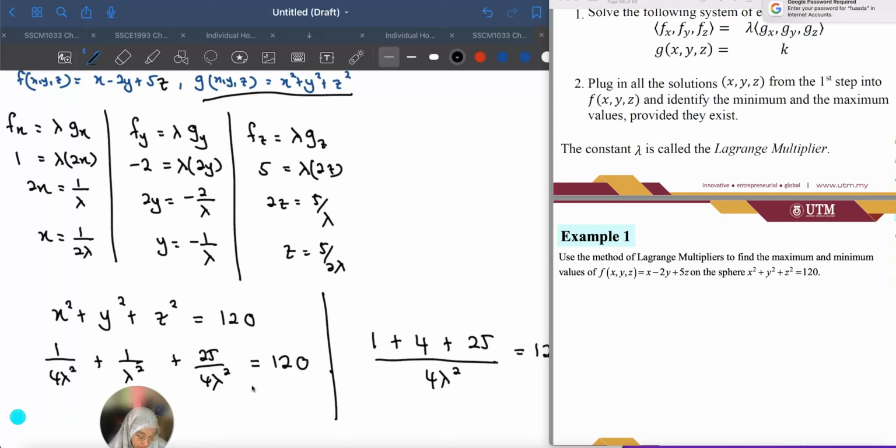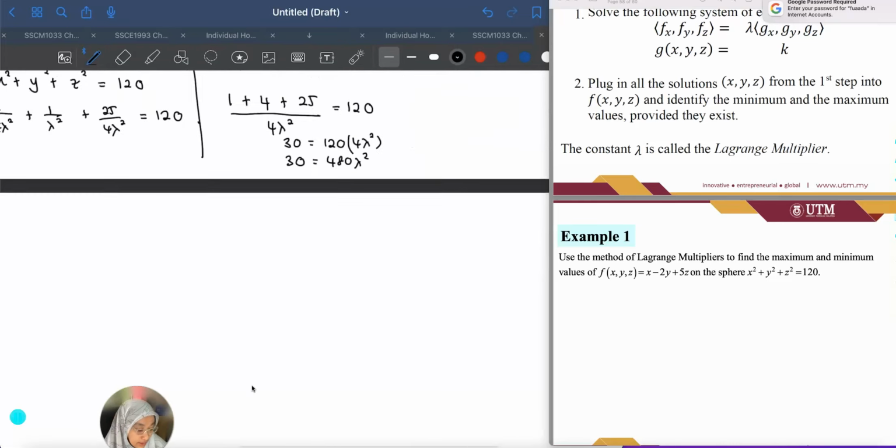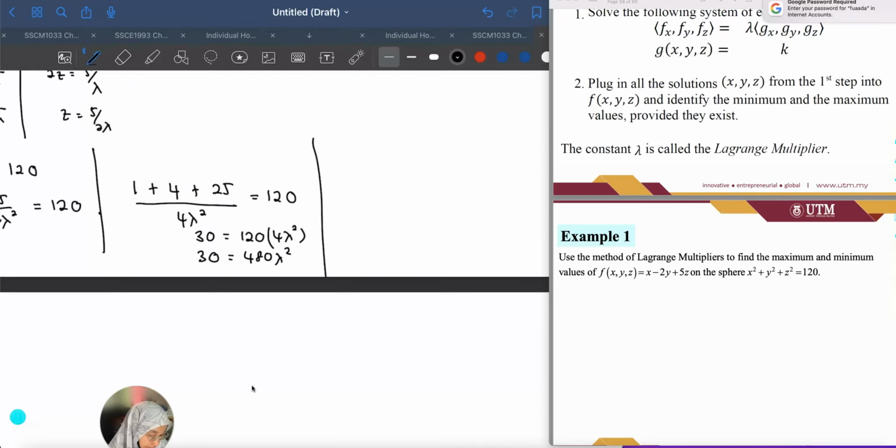So you got 30 equal to 120 lambda squared... so 30 is equal to 480 lambda squared, and we can simplify this. 48 lambda squared equal to 3.